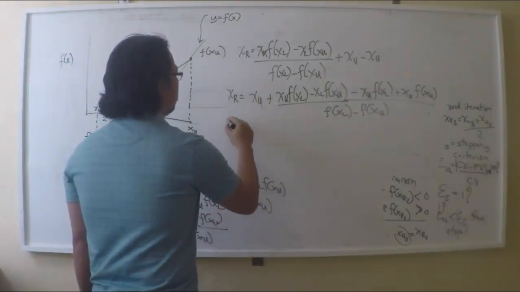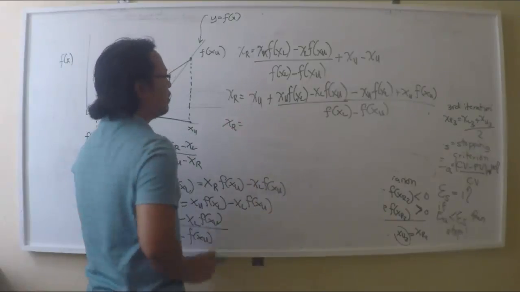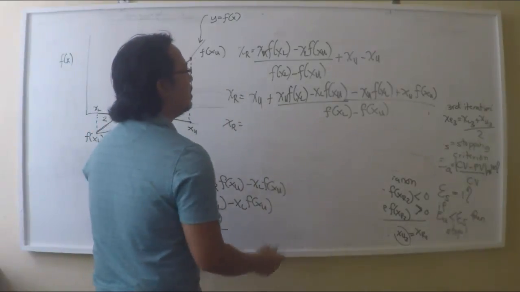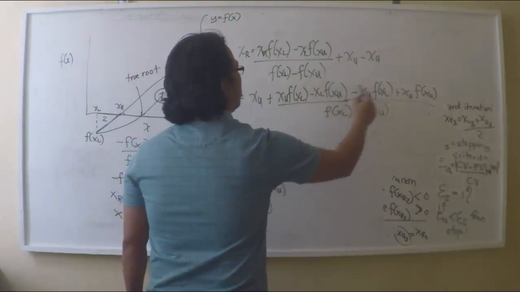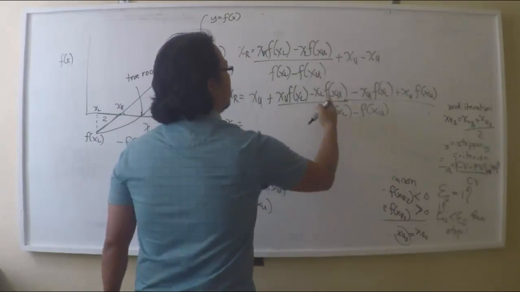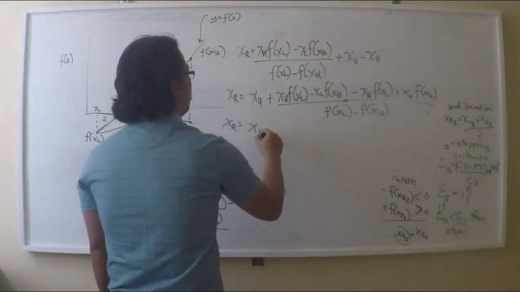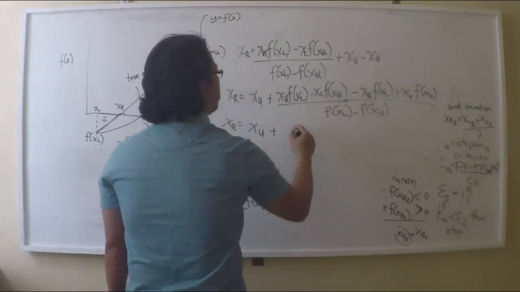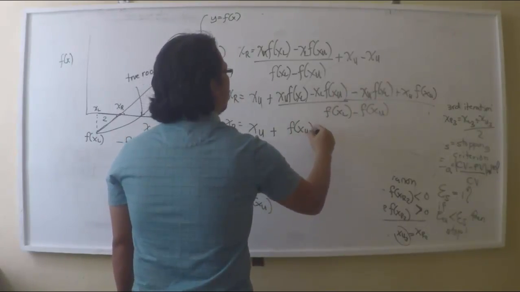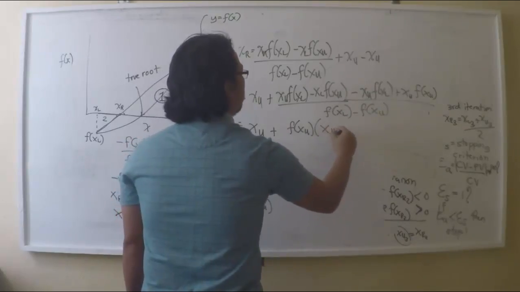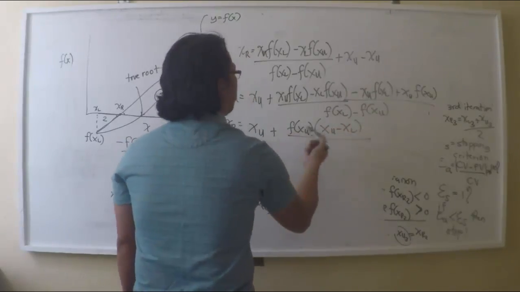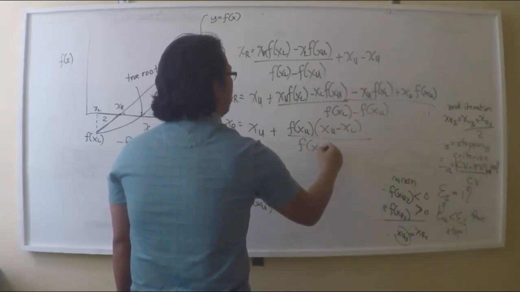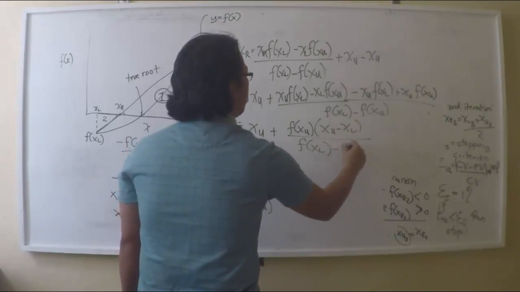And then collecting terms, simplifying, you will see that this is canceled out. And then this one, you have xu plus, as you can see, you can factor f of xu, you have f of xu times xu minus xl over f of xl minus f of xu.